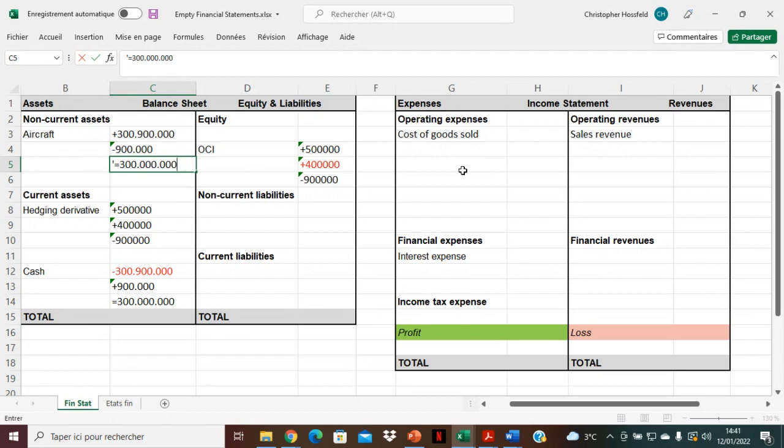Once again, the income statement is not my main focus. It's the cash flows. Because of this hedging operation, I assured that I pay only 300 million for my aircraft and not 300.9 million, which would be the exchange rate at the date we get delivery of the aircraft, which is February 15.